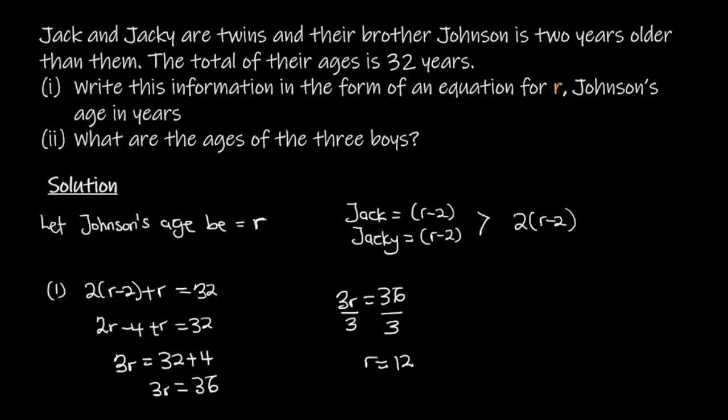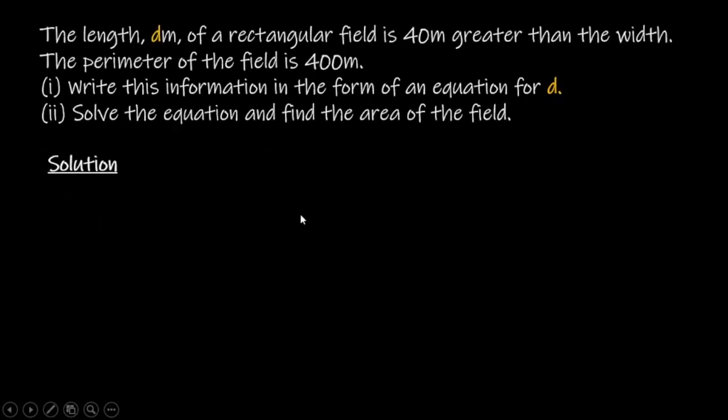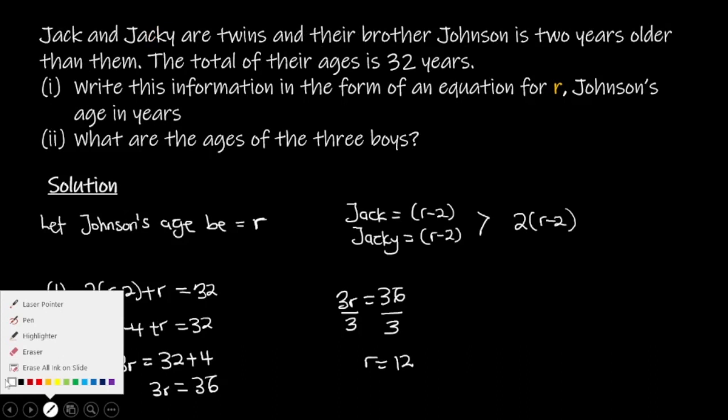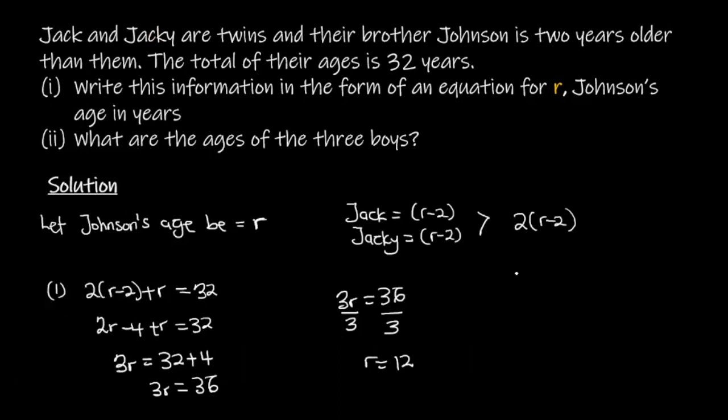Now that we found the value of R, which is Johnson's age, it means that Johnson's age is 12.